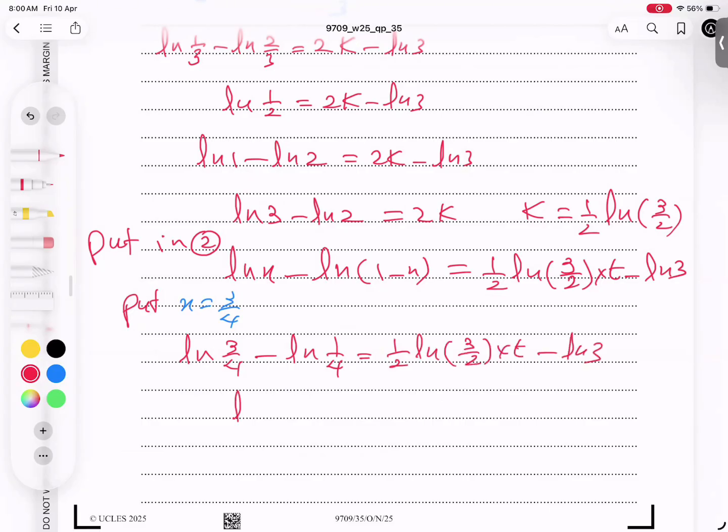Done. What is the left side? So if I check it, what we are getting here, 3 divided by 4, divided by 1 divided by 4. We are getting ln 3 comes from here. And equals half logarithm 3 by 2 times 2t, negative ln 3. This goes there and I get what? 2 log of 3 equals 1 over 2 log of 3 by 2 into t.